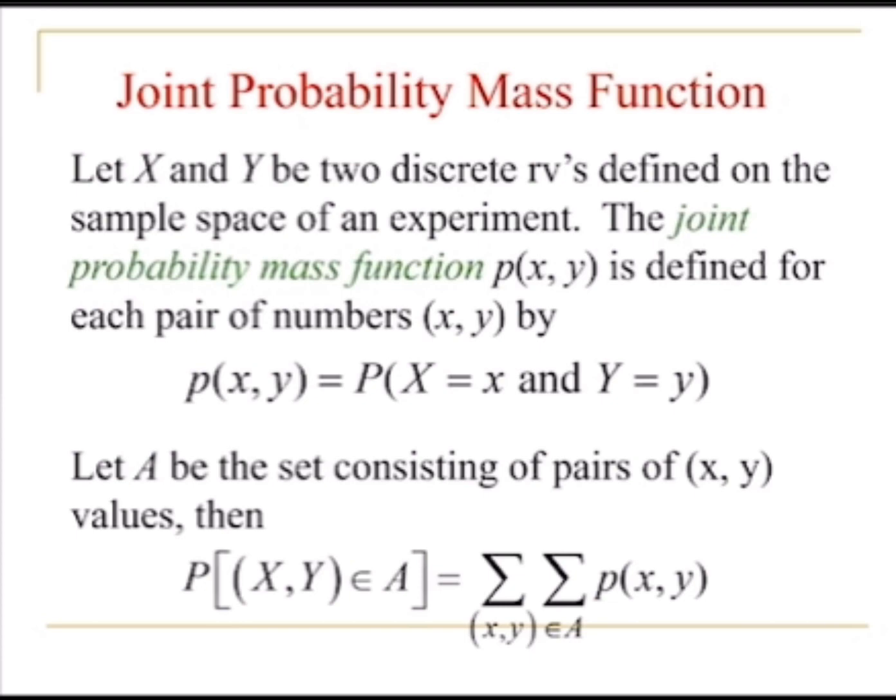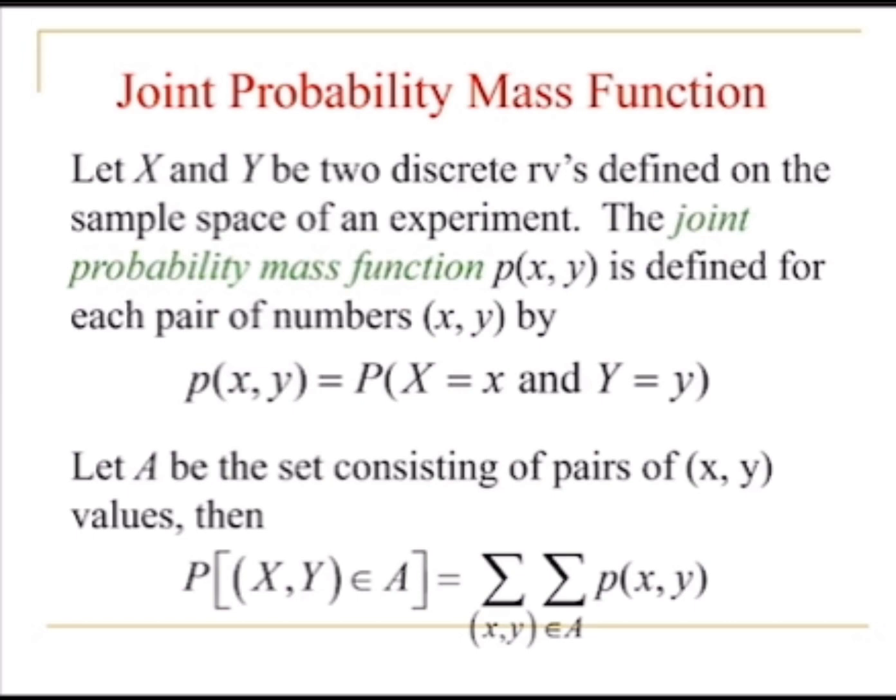If I have X and Y, where X is a random variable and Y is a random variable, and the two of them are discrete, the probability representation of these two discrete variables is what we call the joint probability mass function.